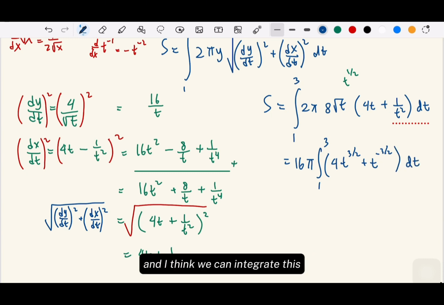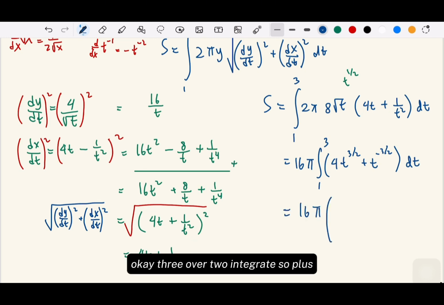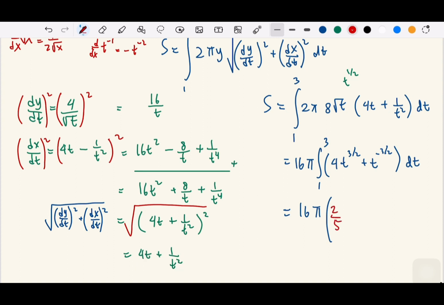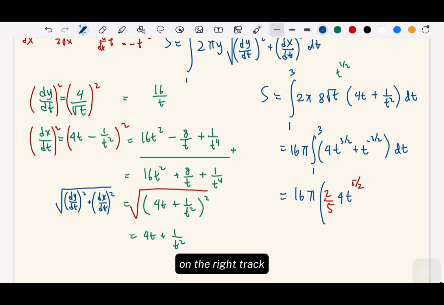And I think we can integrate this, right? So 16 pi. Okay, 3 over 2 integrate, so plus 1, it will be 5 over 2. And we need to multiply 4 with 2 over 5, right? So let me write, this is 2 over 5, this is 4t, and then this will be 5 over 2, just to make sure that we are on the right track.